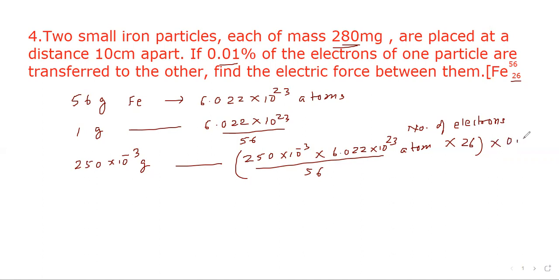So we write 0.01 divided by 100. After calculation, we will get the number of electrons around 7.8 times 10 to the power 18 electrons.